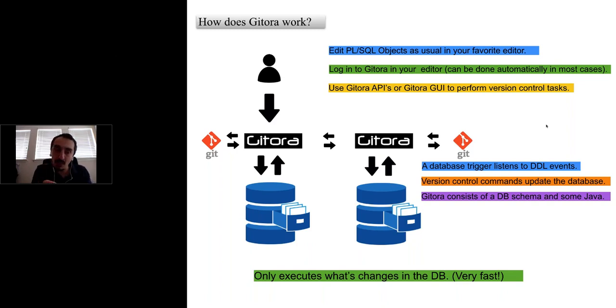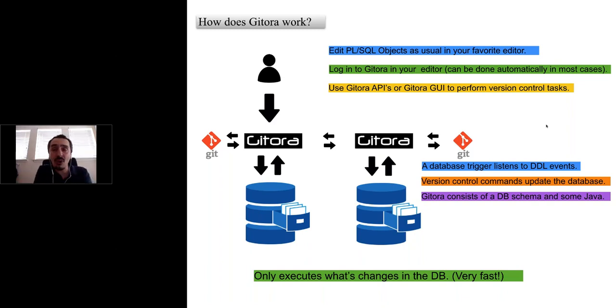I want to go back to this point in my commit history. At this point, this API goes back to Git and asks Git for the files that have changed between now and then. And Git provides the files, the packages that Gitora has to execute in the database so that your database goes back to that previous state.